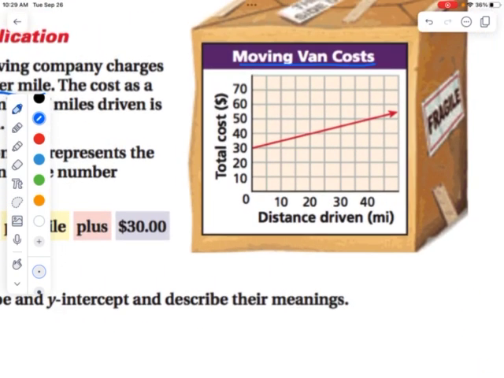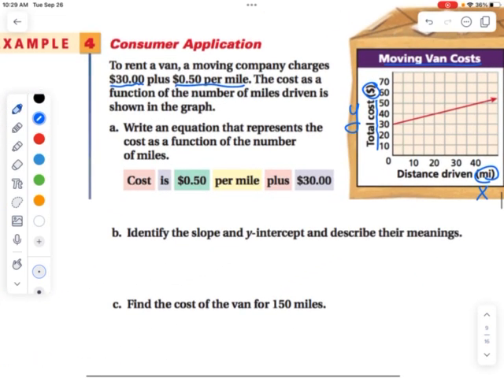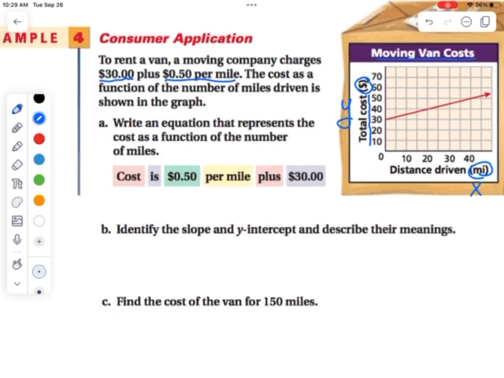I have moving van costs. On my X, I have distance driven in miles. So that means X is represented by miles. And on my Y, I have the total cost measured in dollars. So my Y is my total cost. So let's go ahead and take a look at our problems. So number 1 says, write an equation that represents the cost as a function of the number of miles.